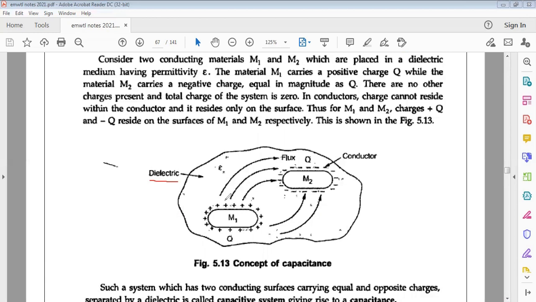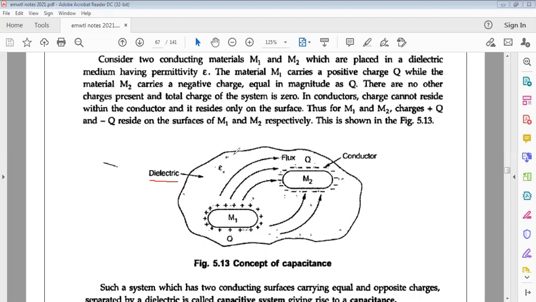Material M1 carries a positive charge, positive Q, while material M2 carries a negative charge of equal magnitude, Q. M2 is carrying the negative charge and M1 is carrying the positive charge, and these two are placed in a dielectric medium.